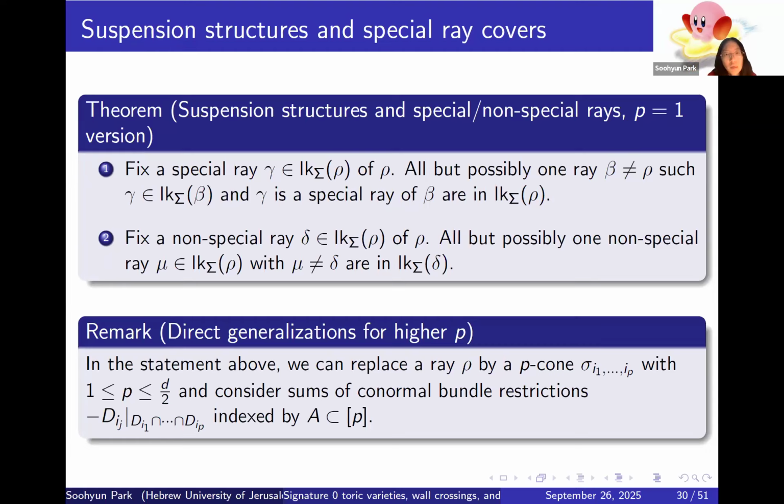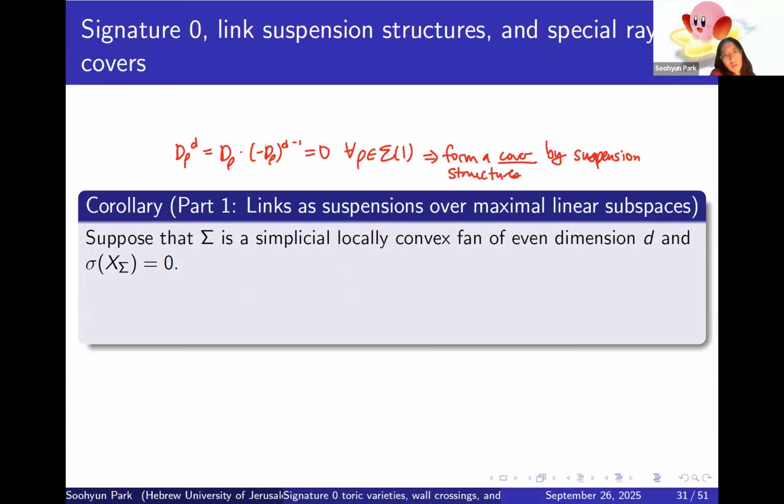And because we already had all these monomials vanishing, any ray in the link over any cone contains a special ray for that particular ray. And so for an even less restricted condition, we end up with some kind of cover.